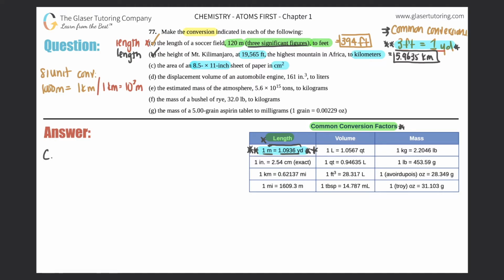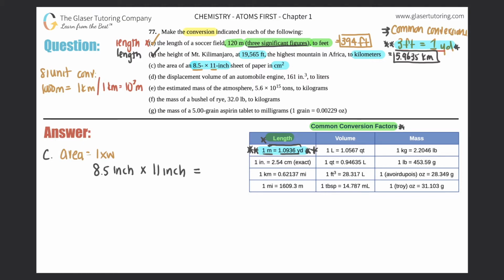Okay, so remember, area is length times width. So they're telling you that it's 8.5 times 11 inch. So they're giving you the area, but you just have to multiply it. So you have 8.5 inches times 11 inches. And together, you will find the area of that sheet of paper.